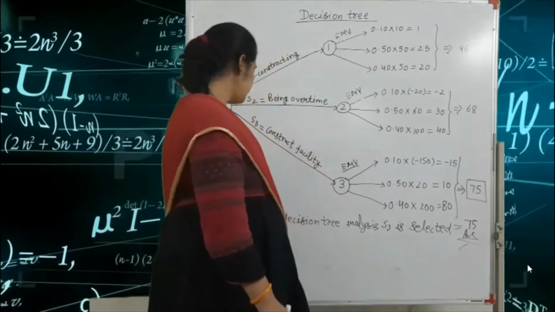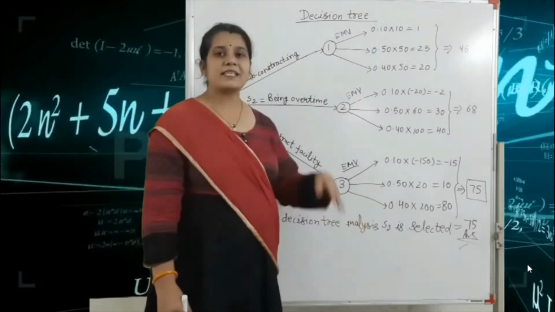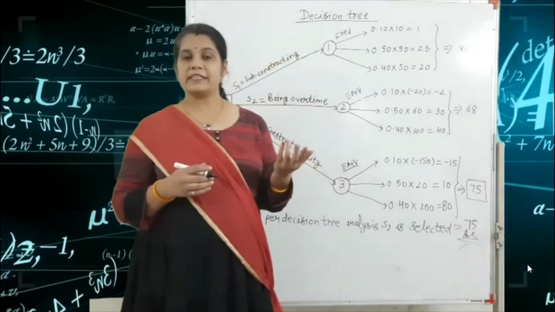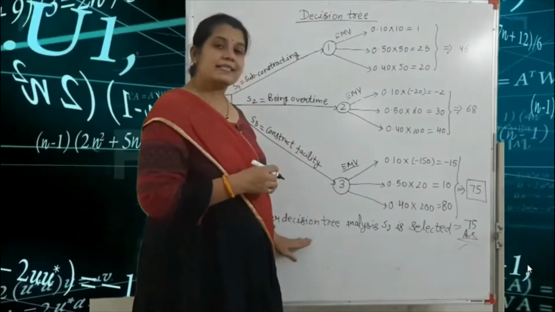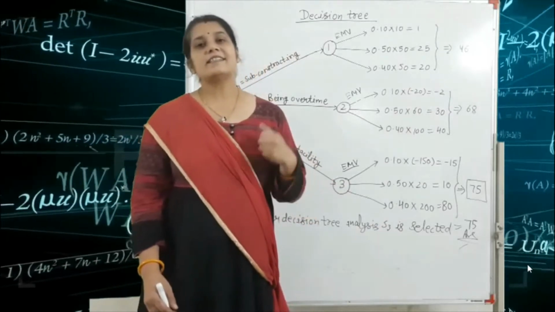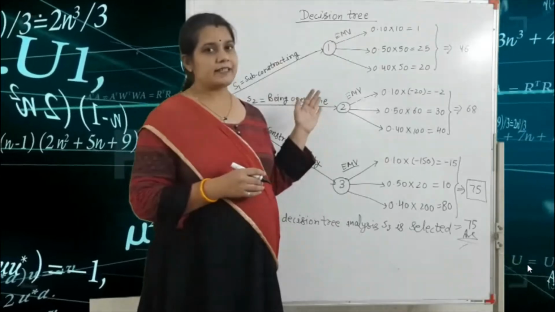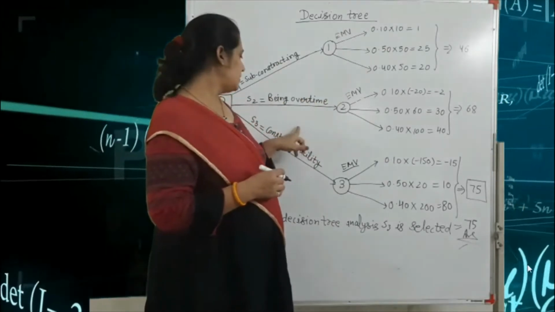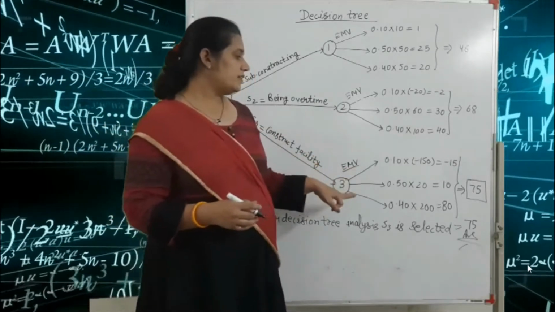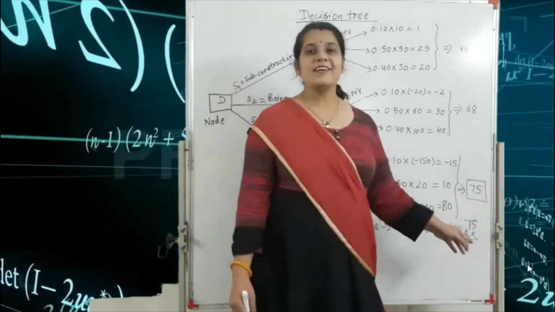So here our final answer is, as per decision tree analysis, S3 is selected, equal to 75. That means the firm has three alternatives, and if the firm takes the third alternative, that means construct facility, we get the profit, that means expected monetary value, of 75.